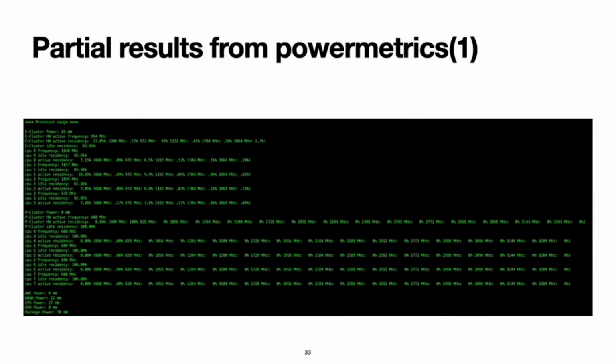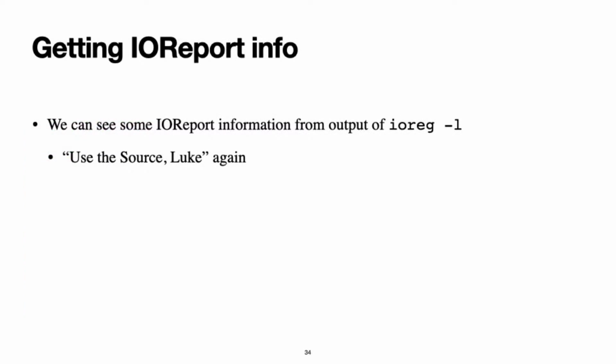Here is some of the CPU-related information reported by powermetrics. How to get and where to find IOReport information?